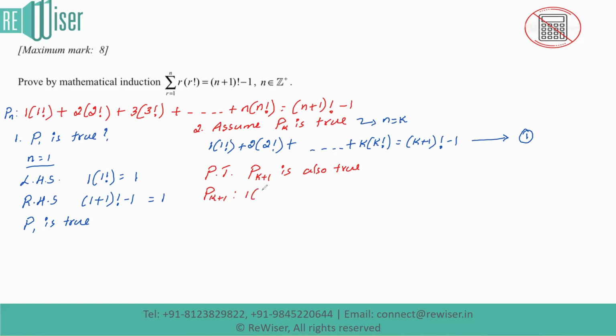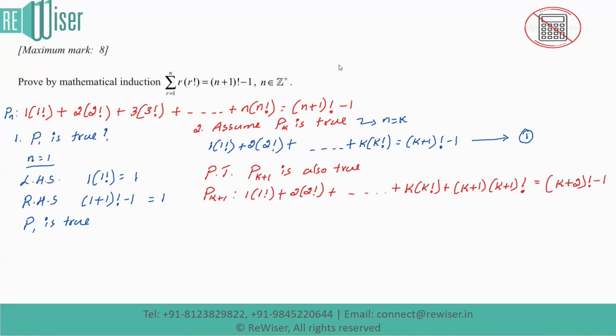It's going to be 1 times 1 factorial plus 2 times 2 factorial, and so on up till my kth term, which is k times k factorial. And my (k plus 1)th term, replacing k with k plus 1, is going to be (k plus 1) times (k plus 1) factorial. And on the right side, replacing k with k plus 1, we get (k plus 2) factorial minus 1. So this is the statement that we need to prove.